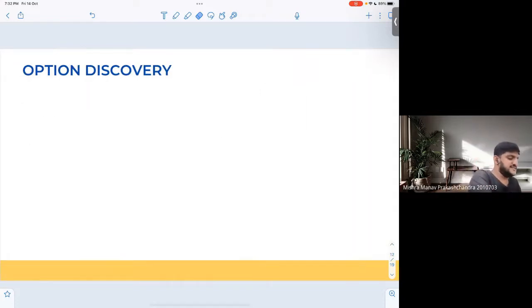So one method is by means of graph partitioning, right?